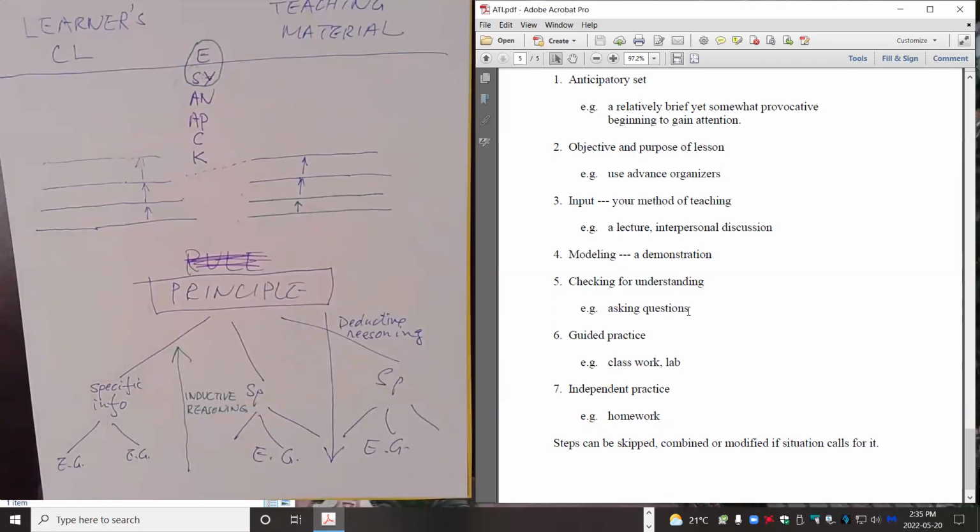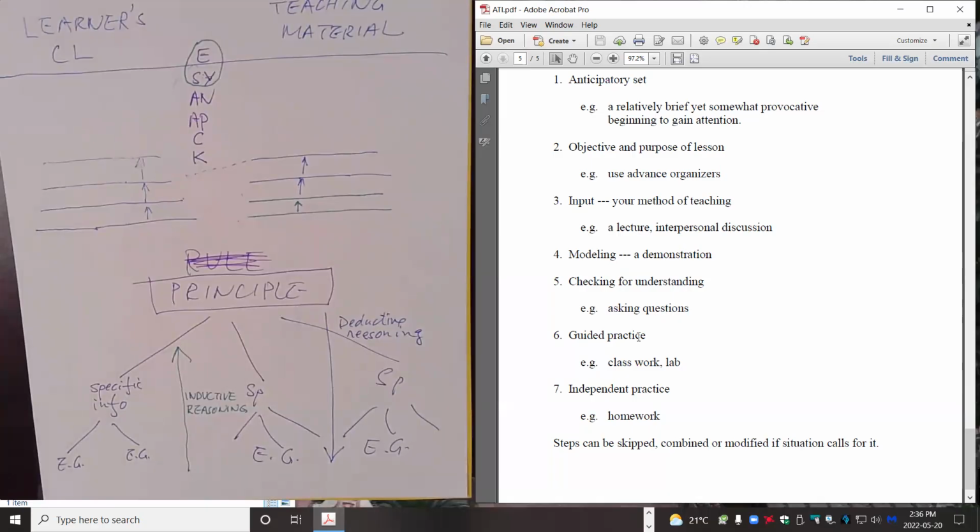With the high level student, you ask open-ended questions, questions that may not have a definite answer. Guided practice, that is, the students do the activity under your direct supervision. So the level of complexity, of course, varies according to the CL of the student.